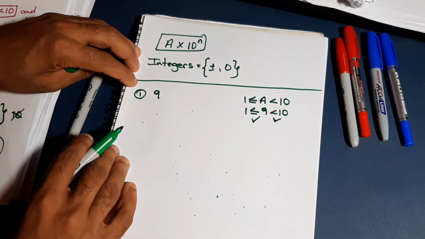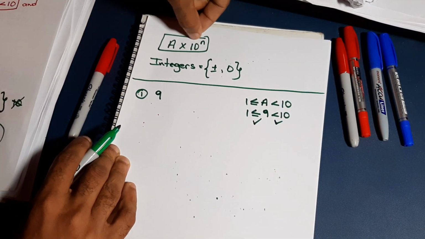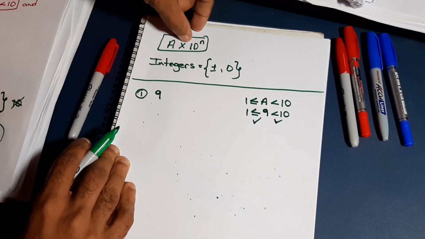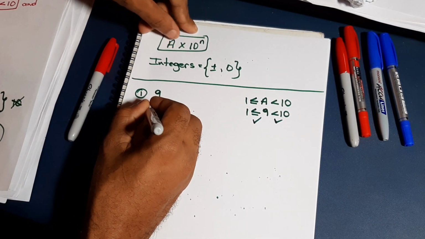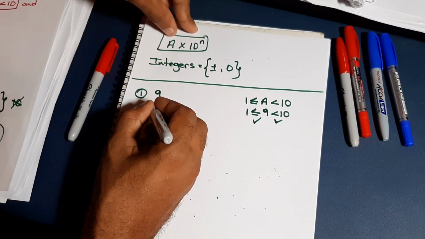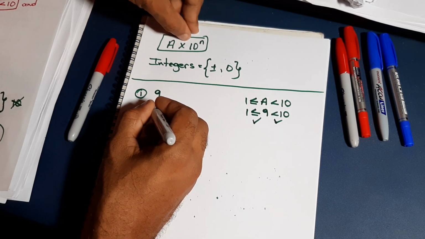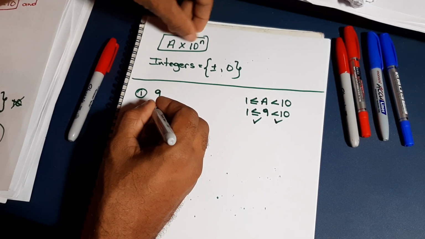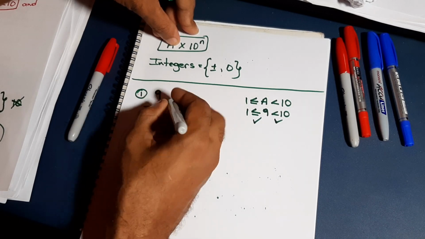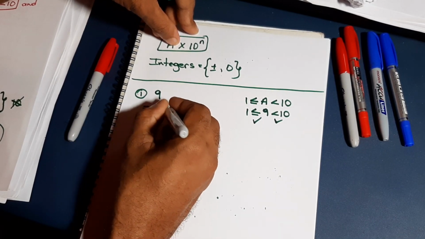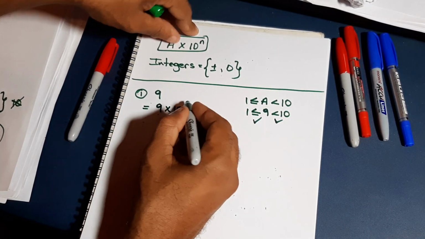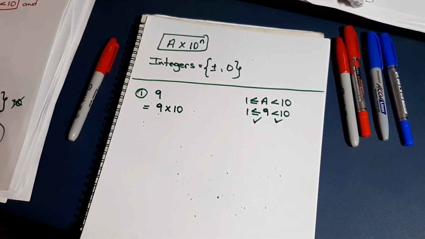So remember, we should have this section attached to n. I'm going to have a, because 9 is representing a now. I said n before. So we should attach this section to 9. So our answer should be 9 times 10. Now, what is n going to be?